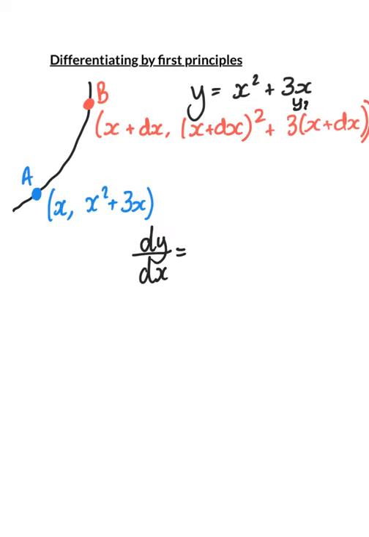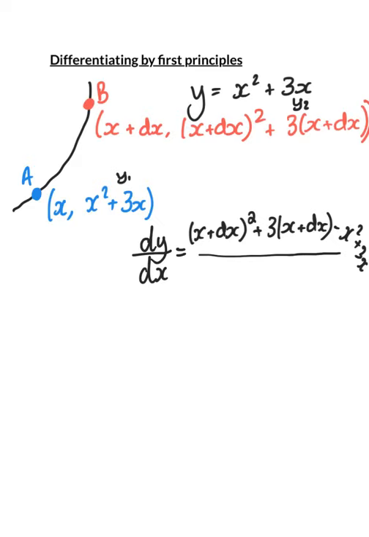This is my y2 and this is my y1. So I'm going to use y2 is x plus dx squared, plus 3 lots of x plus dx, and I'm going to subtract my y1, x squared plus 3x. I'm going to divide that by my difference in x's. So this is my x2 coordinate and this is my x1.